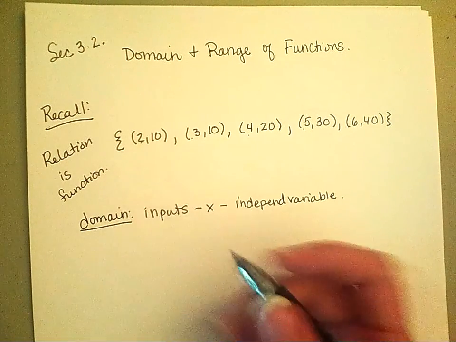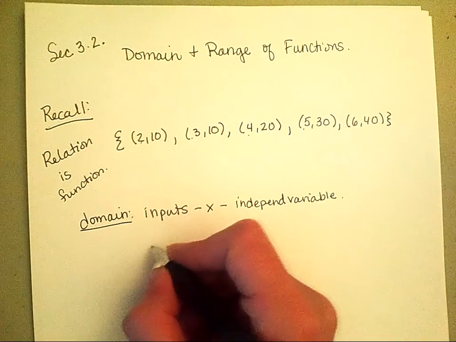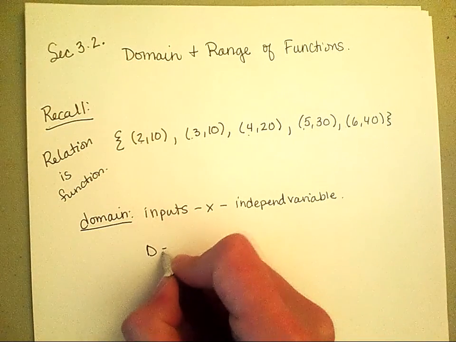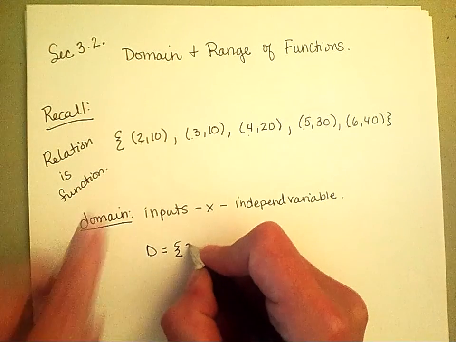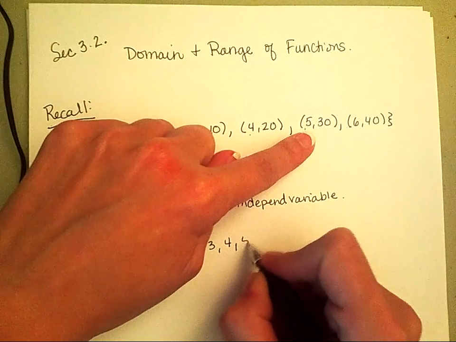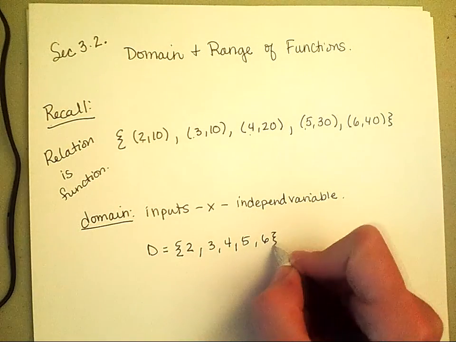So from a set, here, we could say our domain for this problem is equal to the set of 2, 3, 4, 5, and 6.